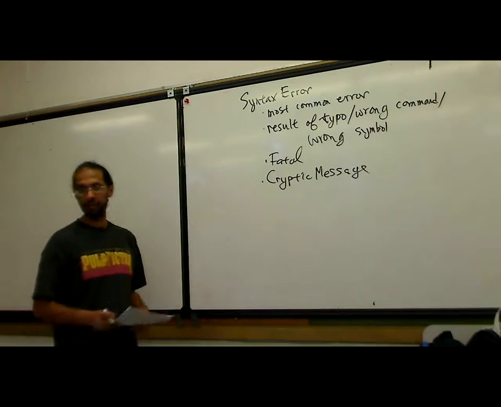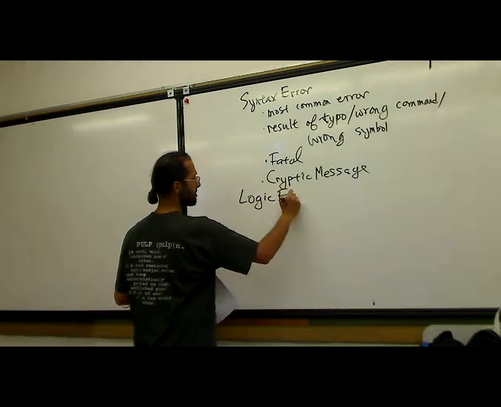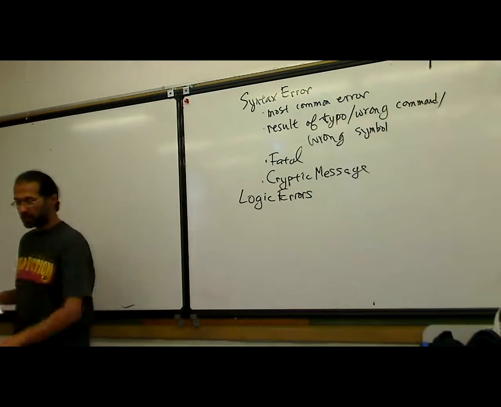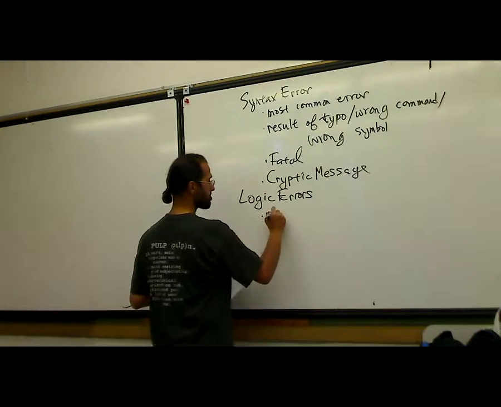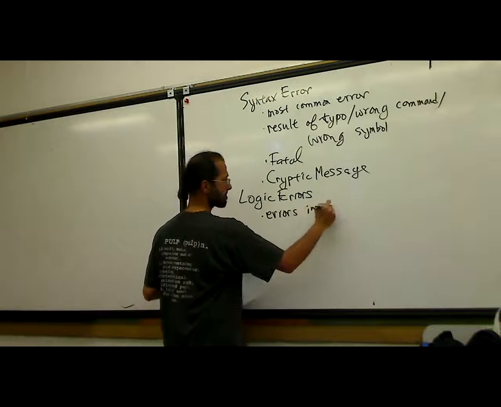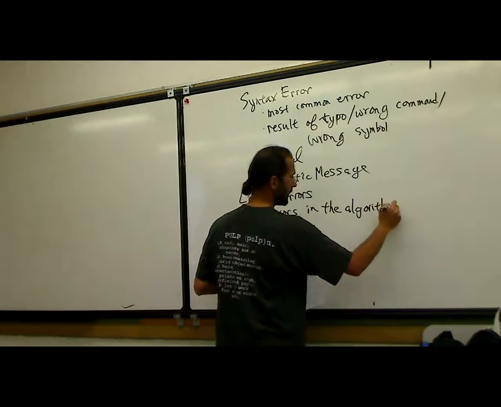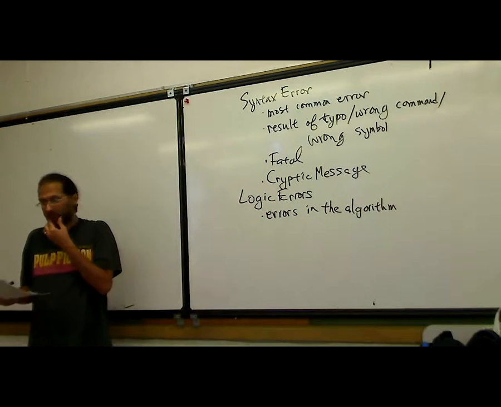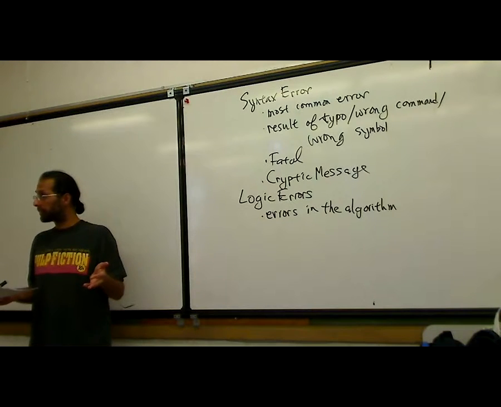And these are called logic errors. These are effectively errors in your algorithm. The reason these are a challenge to find is that the program runs. MATLAB runs to completion.